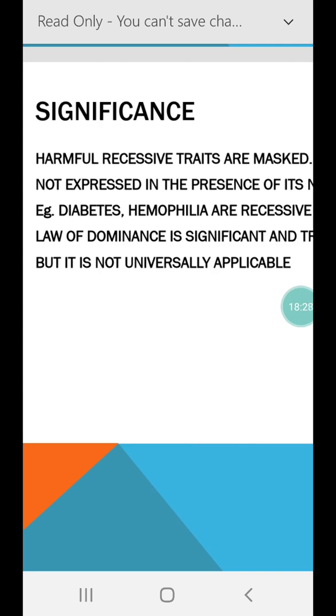So when one parent is having diabetes, the allele which is responsible for the diabetic condition by birth will not be expressed in the first generation, means the first children will be there, but in a later generation this will be expressed in a minor ratio. So in this way the recessive characteristics will be masked. So here diabetes is the recessive one.